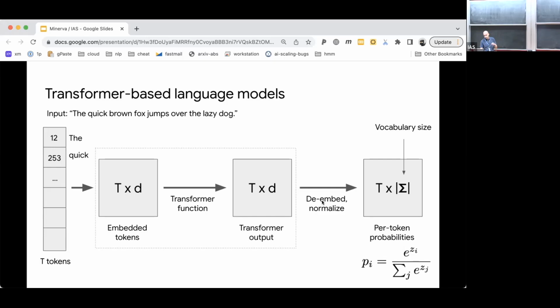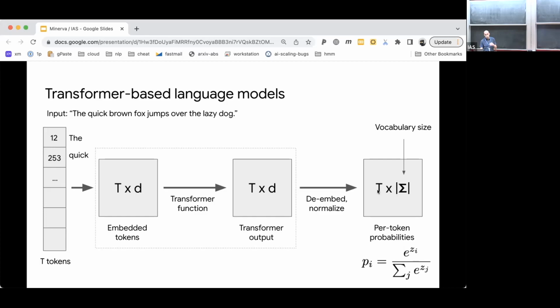So imagine that after some linear transformation, we end up with this Z vector for every token, and then we transform it into probabilities with a Boltzmann distribution. So what we end up with is this matrix T times the size of the vocabulary, where for every token, we simply have a probability distribution over our whole vocabulary, and that's the model's prediction for what that token should be.